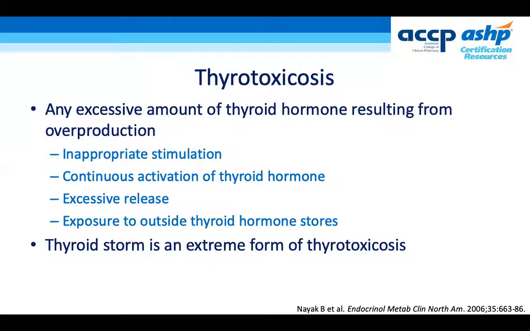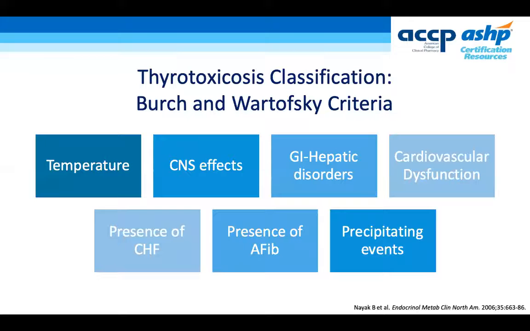Thyroid storm is actually an extreme form of thyrotoxicosis. Its definition is kind of controversial, as there's no standard lab to tell us this patient is in thyroid storm versus not. But there is the Burch and Wartofsky criteria. This is a multi-point scale that takes into account the following factors: temperature, central nervous system effects, GI hepatic disorders, cardiovascular dysfunction, presence of congestive heart failure, presence of atrial fibrillation, and any precipitating cause.